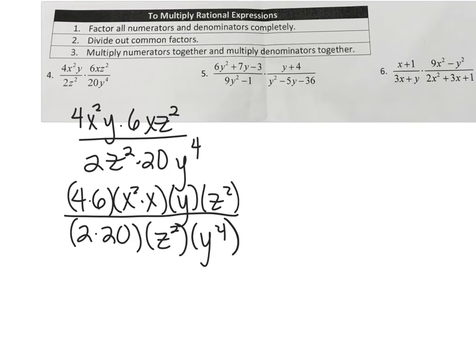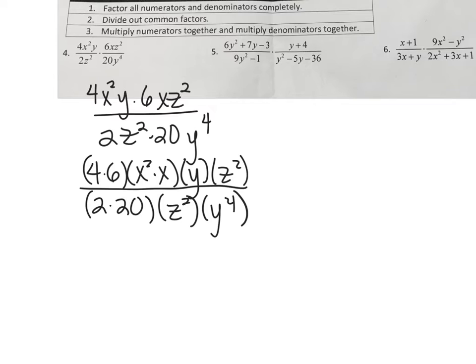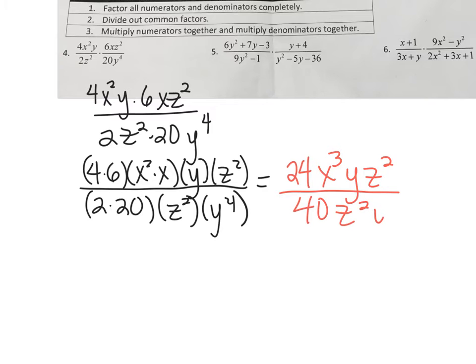All right, so now that we have everything situated and organized, it's easy for us to multiply. So 6 times 4 is going to give us 24. X squared times x is going to give us x to the 3rd, y, and z squared. On the bottom, 2 times 20 is 40, z squared, and y to the 4th.